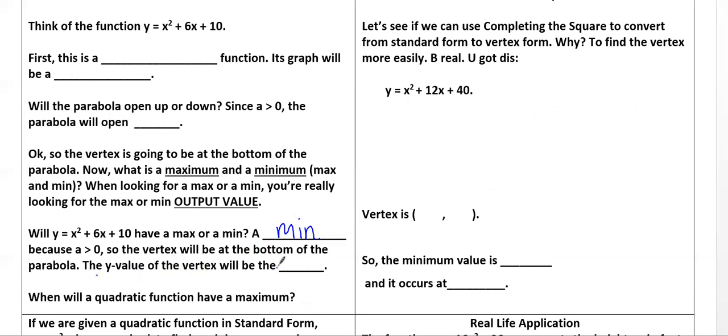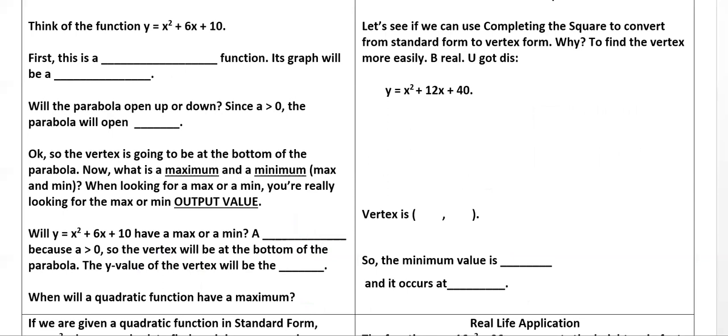The y value of the vertex will be the minimum. When will a quadratic function have a maximum? When a is less than 0. If a is negative, then it'll be opening downwards and upside down, and so it'll have the vertex at the top. Okay, we're doing great.